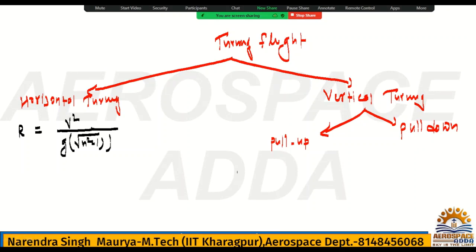So for the pull up, radius of turn will be v square upon g n minus 1. For pull down, v square upon g n plus 1. Okay. This is the summary.